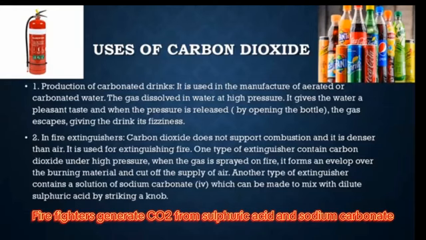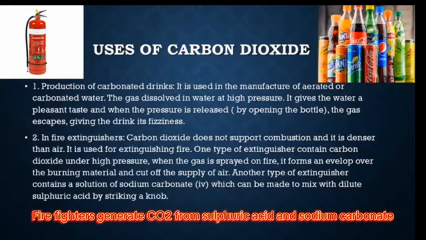So that process is different from the fire extinguisher that we know. So there are two different processes. The other one is made up of two different solutions: sodium carbonate, that is Na2CO3, and sulfuric acid, which is H2SO4.